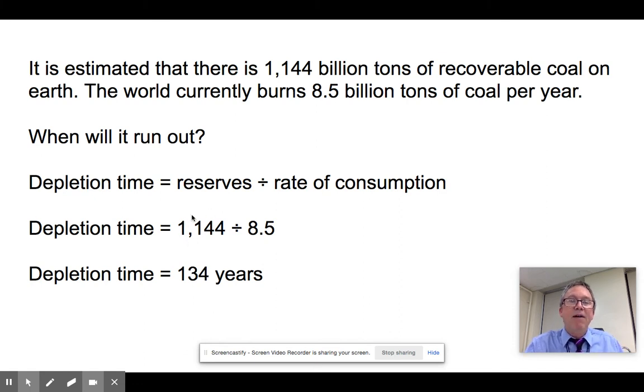Well, if we have a little bit over 1,000 billion tons of reserves and we're using it up at 8.5 billion tons a year, you get 134 years, which seems to you at your age like a very, very long time. But I'm already 58 years old. That's like halfway through that. Okay, so it's not as long as you think.